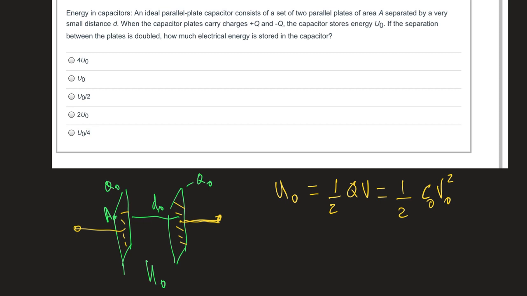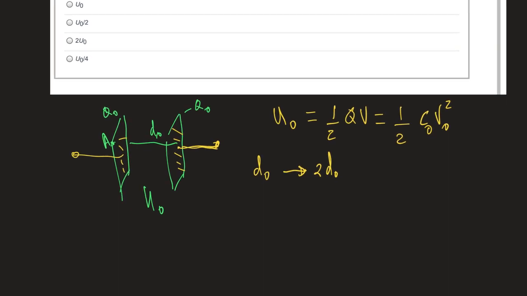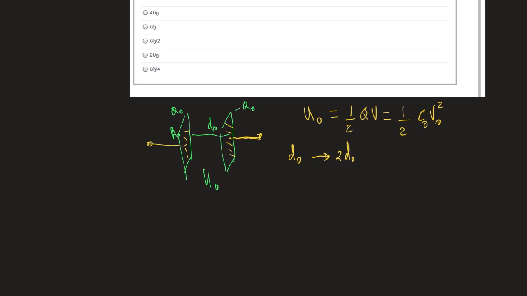Now what they say is that the separation d0 is changed to double, 2 times d0. What happens with the potential energy stored? We need to see what happens with the capacitance and what happens with the potential.